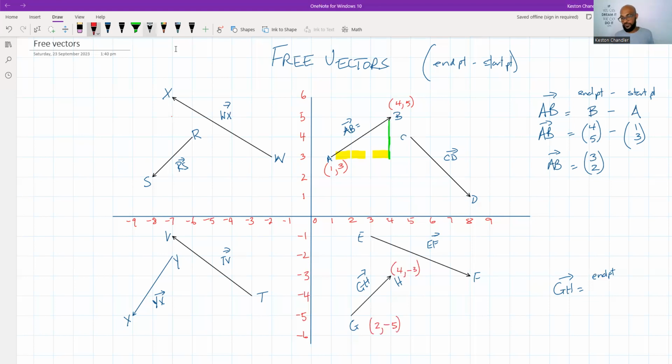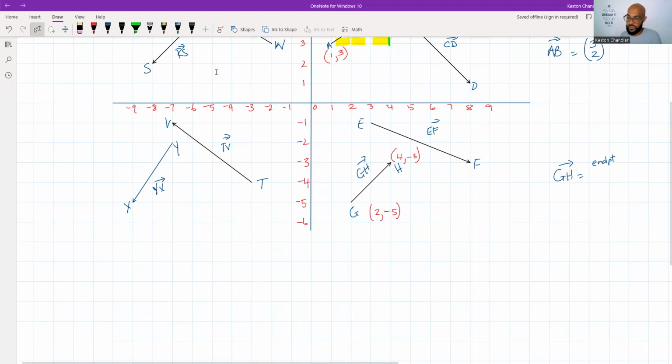So if I want to find the vector GH, right? Because it's a free vector and it's not starting at the origin, you take the end point and you subtract the starting point from it. My end point, if you look at the direction of the arrow, is going from G to H. So my end point is H, and my starting point will obviously be G. I write the coordinates of H as a column vector.